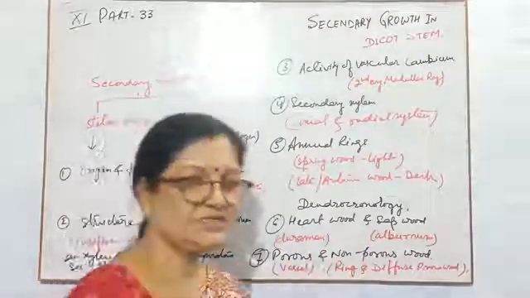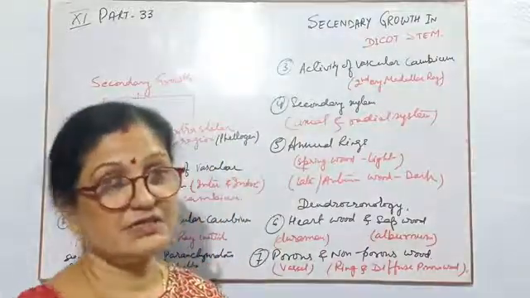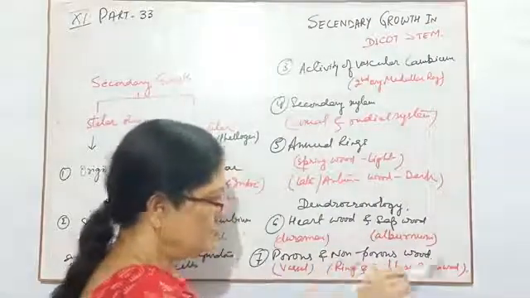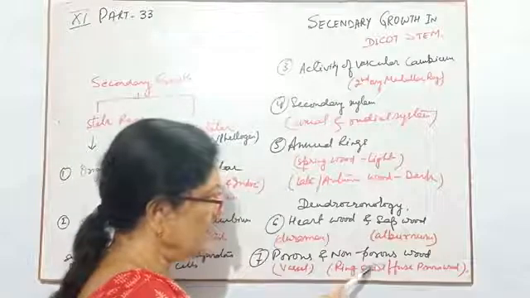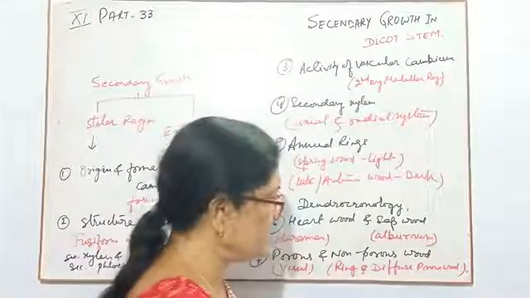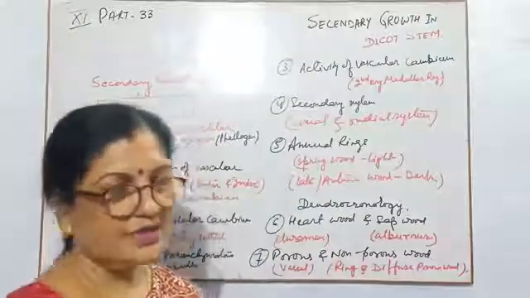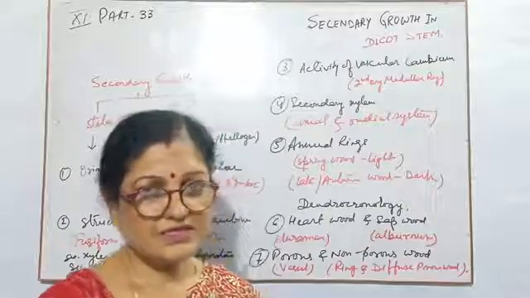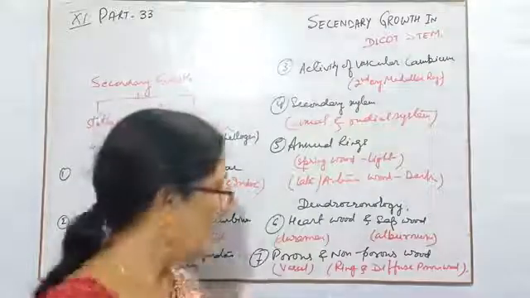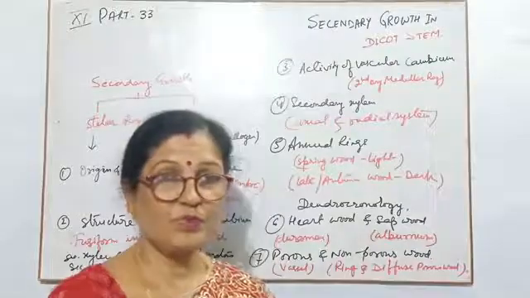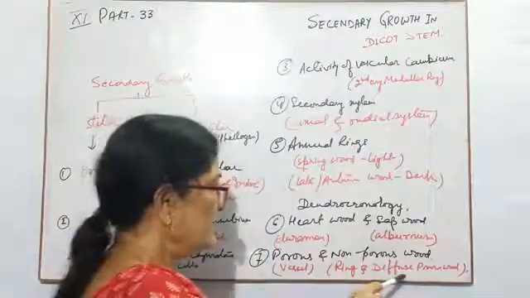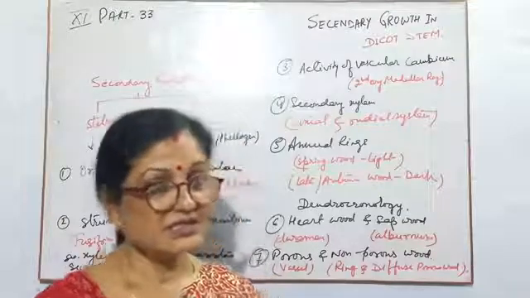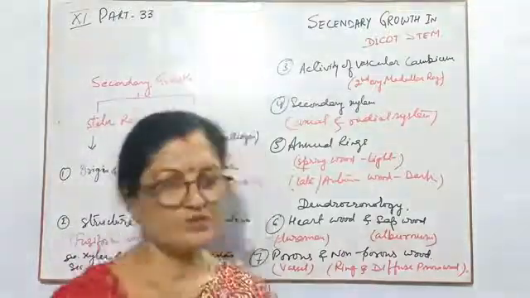Non-porous wood means there were no vessels during the formation of the wood. Non-porous wood is of two types, ring non-porous and diffuse non-porous. Ring means it forms the full ring of secondary growth, that is cambium, with no pores, meaning no vessels. Diffuse means sometimes it diffuses with some other cells, and then they form diffuse non-porous wood.